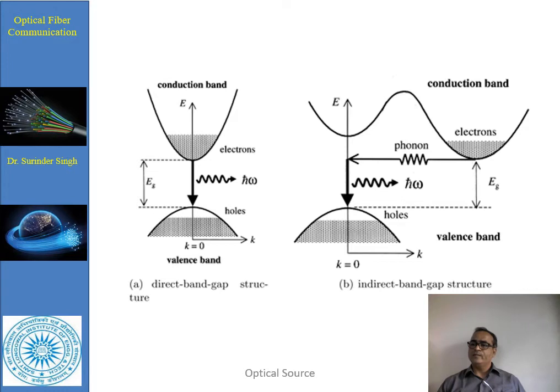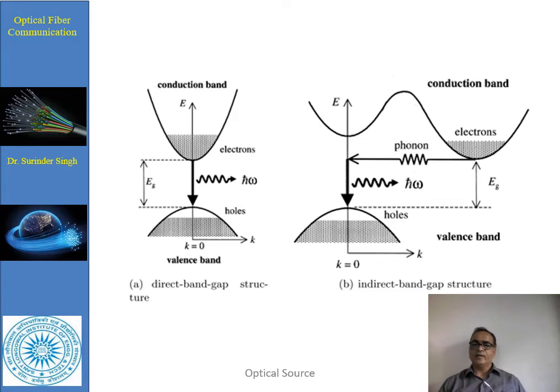So here the energy required in order to liberate this photon is this energy plus this band gap energy; both energies are required to liberate this photon. In another way, we can say the photon energy is the indirect band gap energy plus or minus the phonon energy which is required.